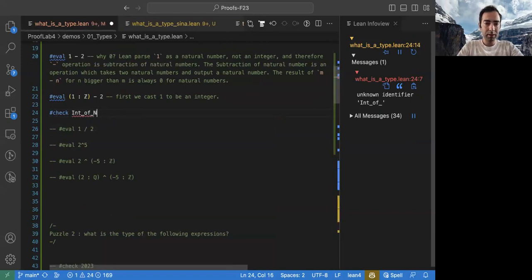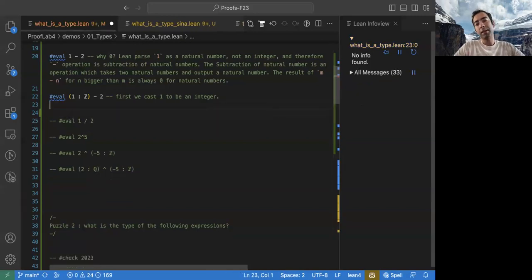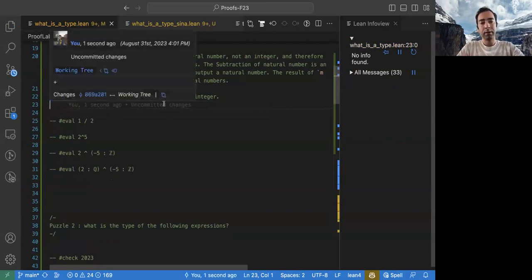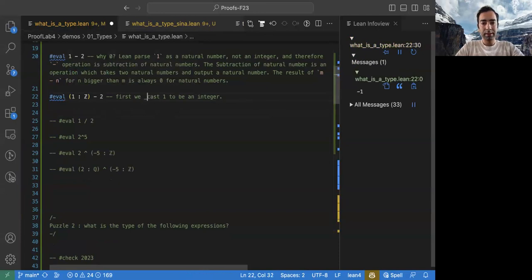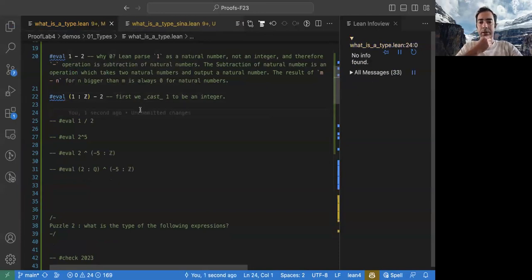I just don't remember the name right now, but anyway, we'll see this kind of thing later. Anyway, there is a function that takes a natural number and treats it as an integer, and that is what's going on here. So this is called casting. Any question about this?